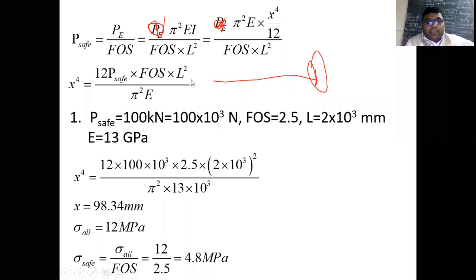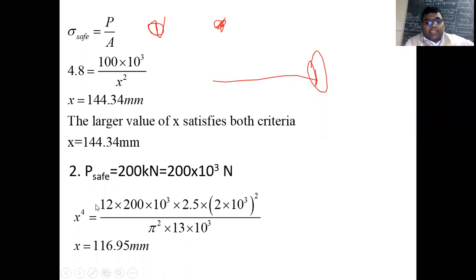You can see here 12 P_safe, factor of safety, L, π² E, the same values, but this 100 becomes 200 only. So it's quite obvious. So the new value is 116.95 mm, the value of x which we obtain by using the Euler formula. Okay, that cross section can bear this amount of load, 200 kilonewton, if we are talking about the Euler formula.